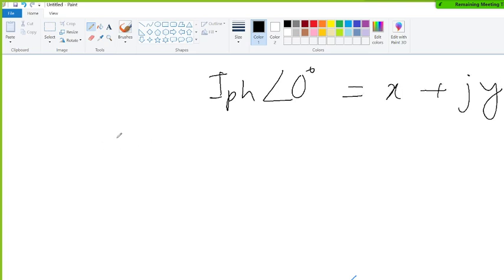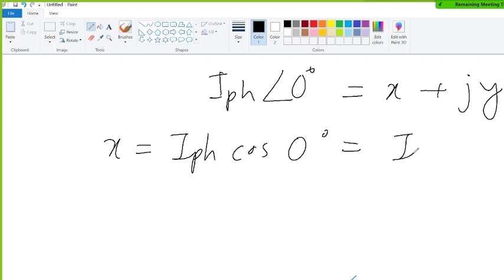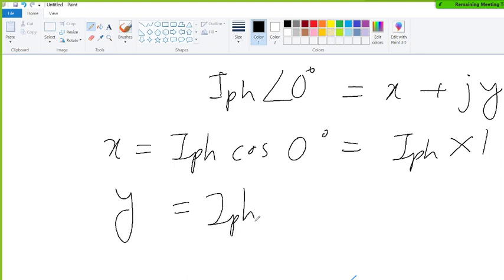Now from what we have discussed, x was I phase cos 0 degree, that is I phase into 1, that is I phase. Y was I phase sin 0 degree, that is I phase into 0, that is 0. Okay.